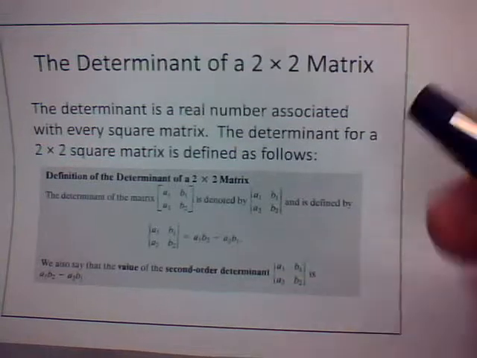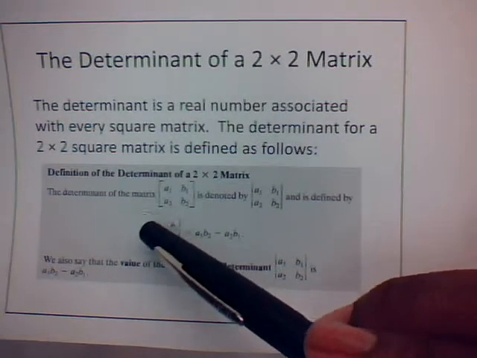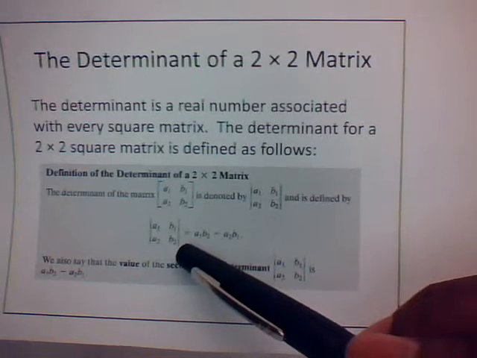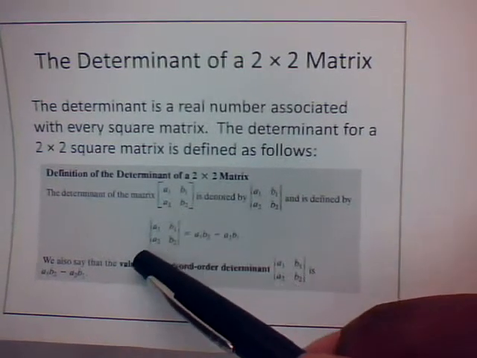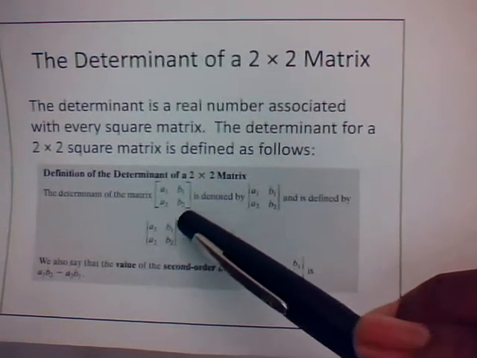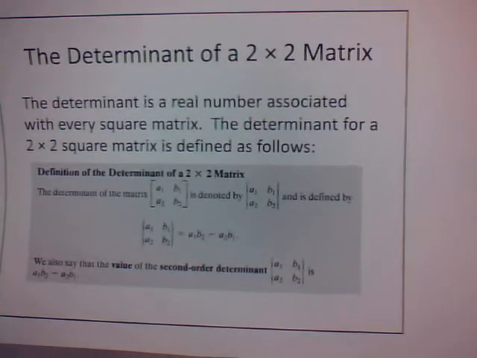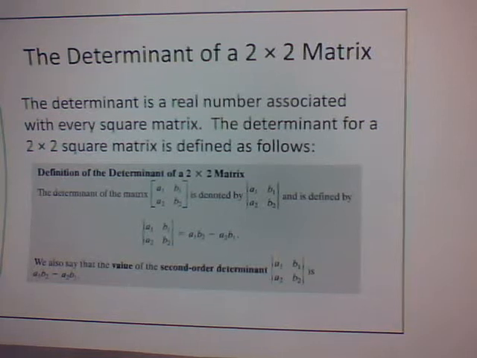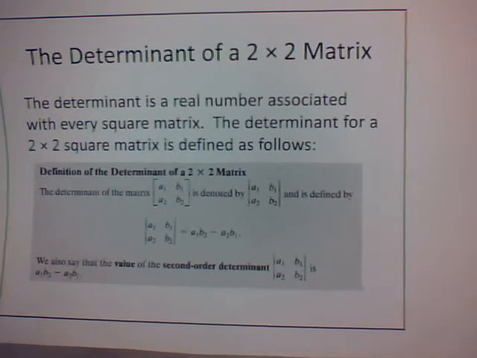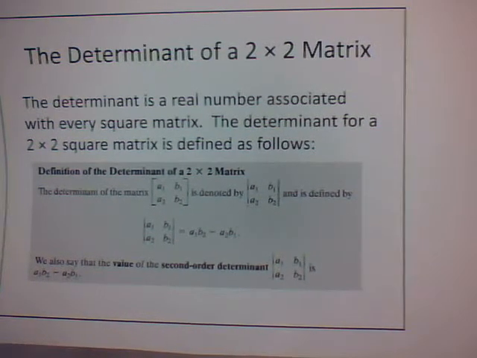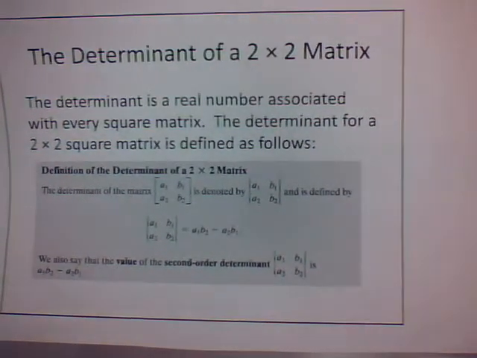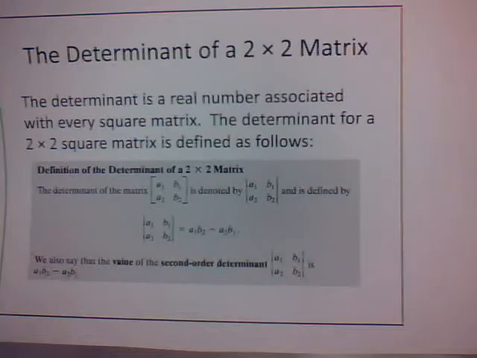We take the product of the main diagonal from the upper left to lower right minus the diagonal from the lower left to the upper right. Okay, and that's going to be A1B2 minus A2B1. We also say that the value of the second order determinant is A1B2 minus A2B1.